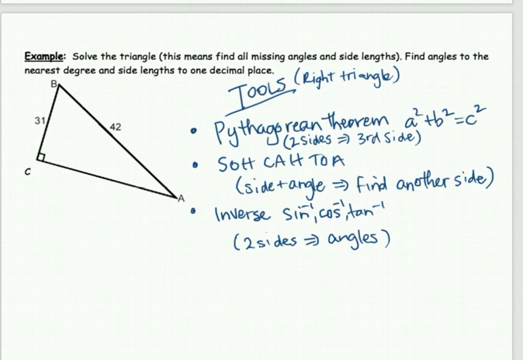Another tool that you know is that angles in a triangle add up to 180, and that can also help you with these as well.